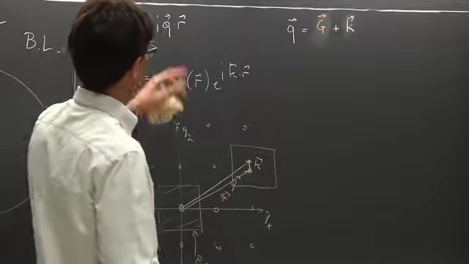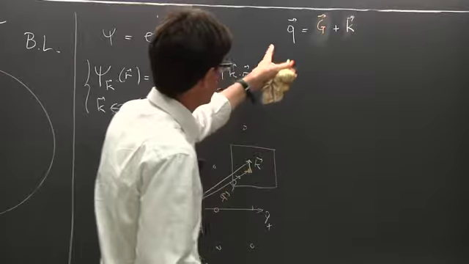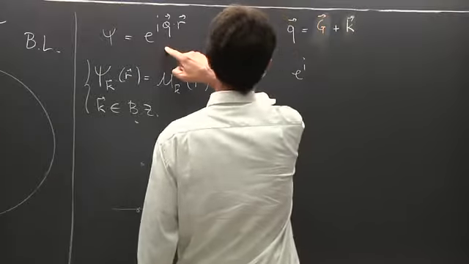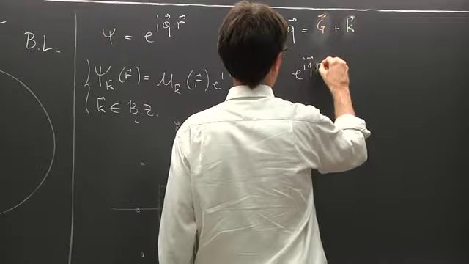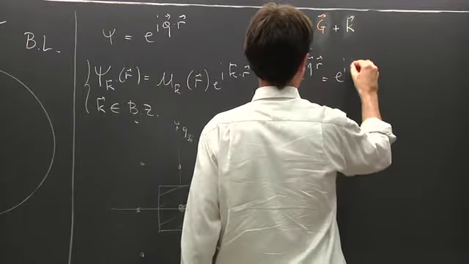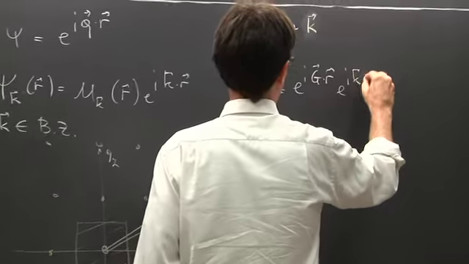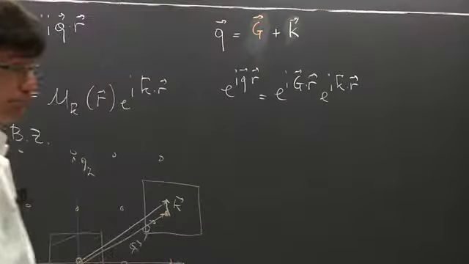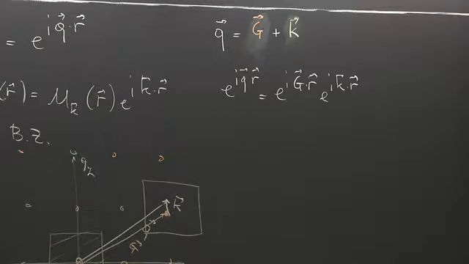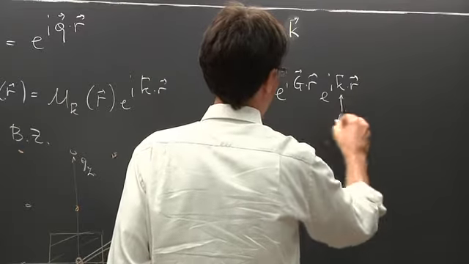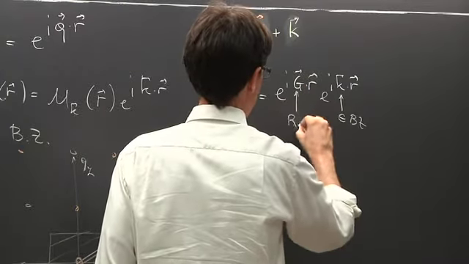But now, if I use this statement, I can write e to the i Q·R as e to the i G·R times e to the i K·R, where K belongs to the Brillouin zone and G is a reciprocal lattice vector.